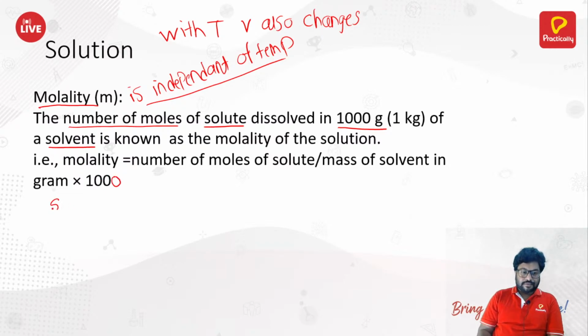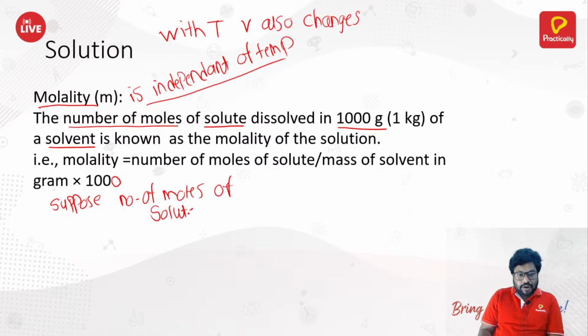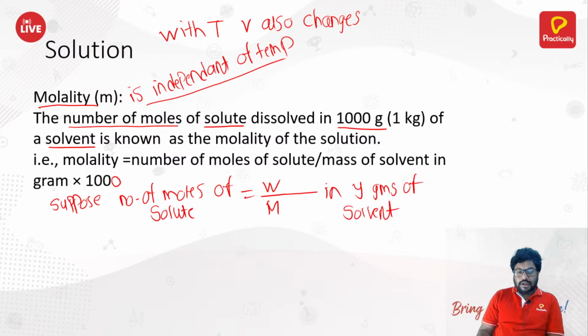Let's take it again. Number of moles of solute will be equal to, again, W by M. Now you are dissolving that in, let's suppose you are taking grams right now, Y grams of solvent, and obviously that is multiplied by 1000.